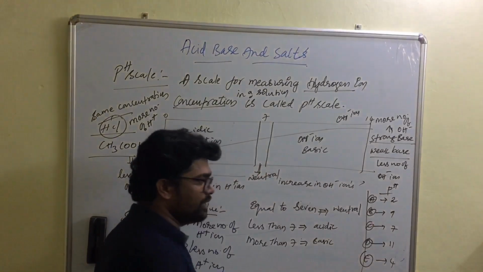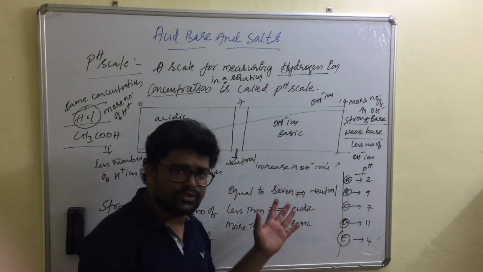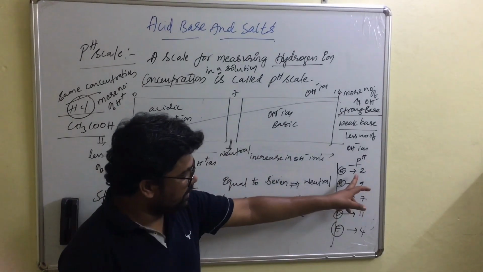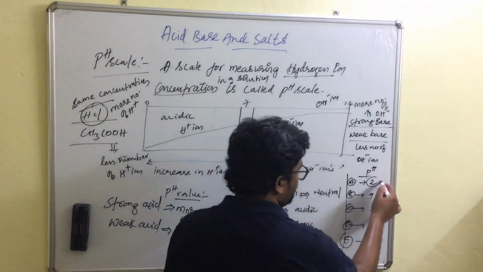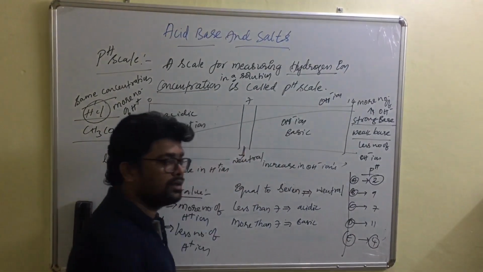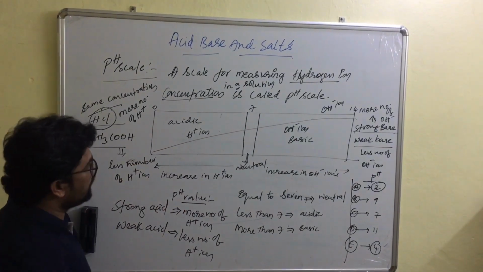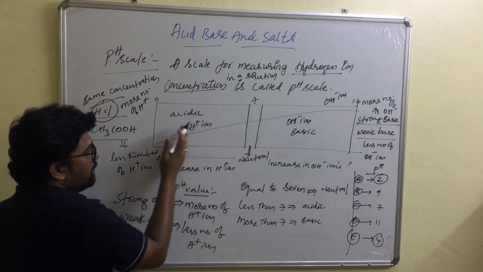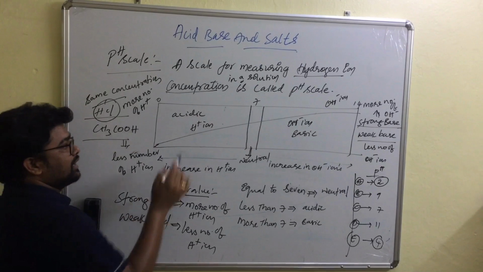How do we decide, based on these numbers, which is a strong acid, weak acid, strong base and weak base? Now concentrate here. अब number 7 से कौन से कम है? These two: 2 and 4 are below 7. Below 7, as the number decreases, जैसा जैसा number कम होता है, इसका मतलब क्या है? H+ ions ज़्यादा होते हैं.